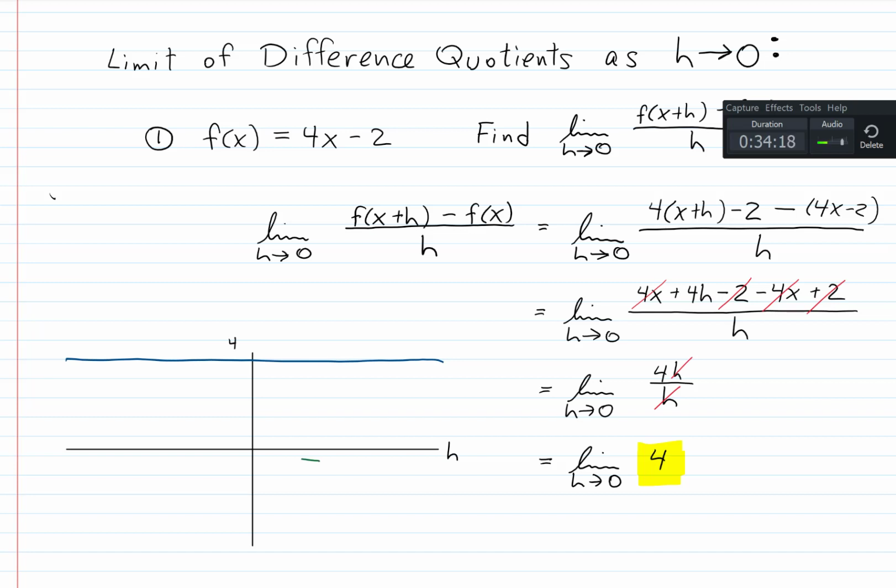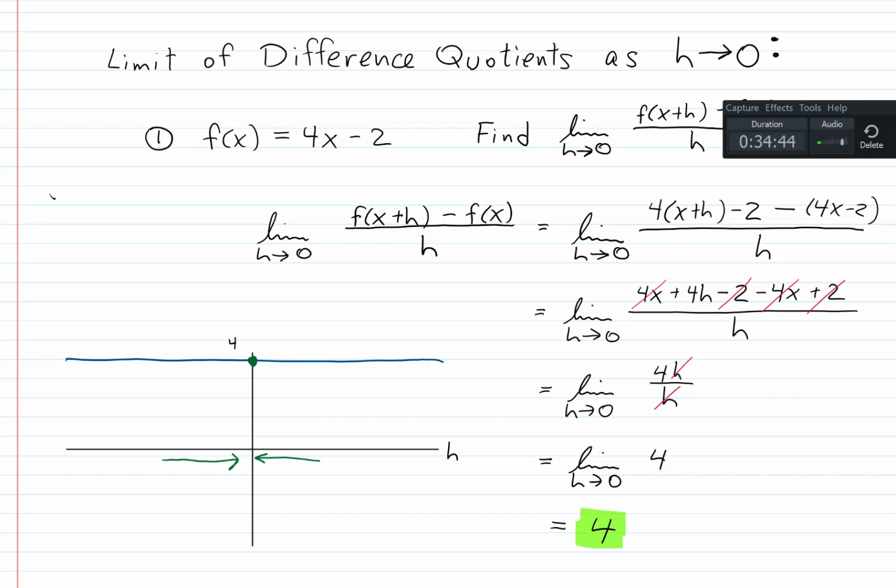So now as h approaches 0, what is that graph approaching? It's approaching that point right there, isn't it? And what's the y value of that point? It's 4. So that limit is 4. And that's the answer to our question.